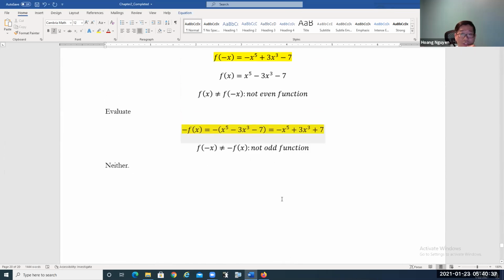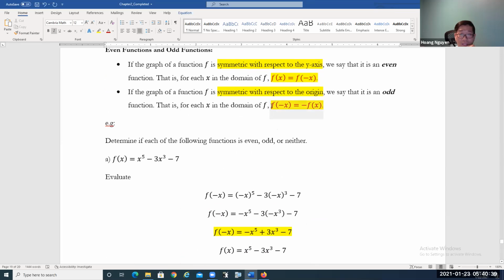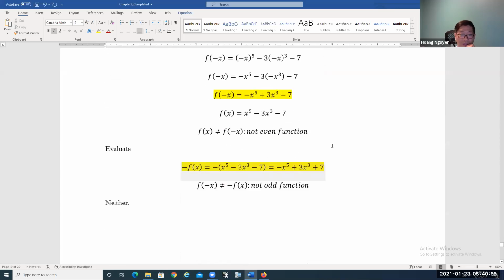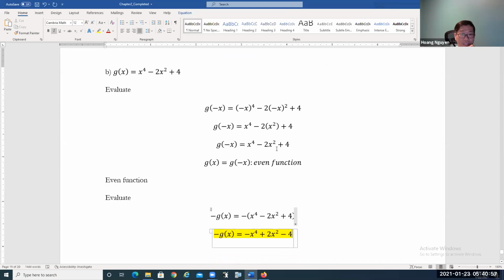How about g of negative x, right? So this is f of negative x and then negative f of x. So instead of using f, we just replace it by g. So we're gonna compare g of negative x and negative g of x. G of negative x is this one. And we have negative g of x. Are they matching? No, right?